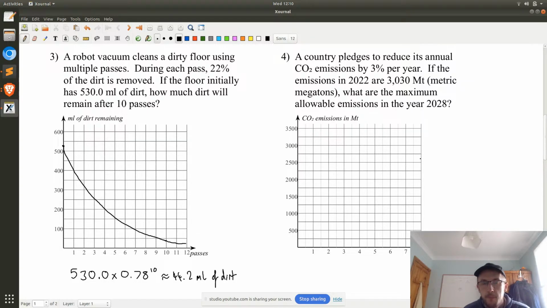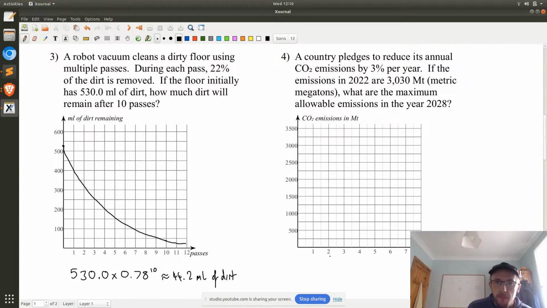Okay. A country pledges to reduce its annual CO2 emissions by 3% per year. If the emissions in 2022 are 3,030 MTs, metric megatons, what are the maximum allowable emissions in the year 2028?